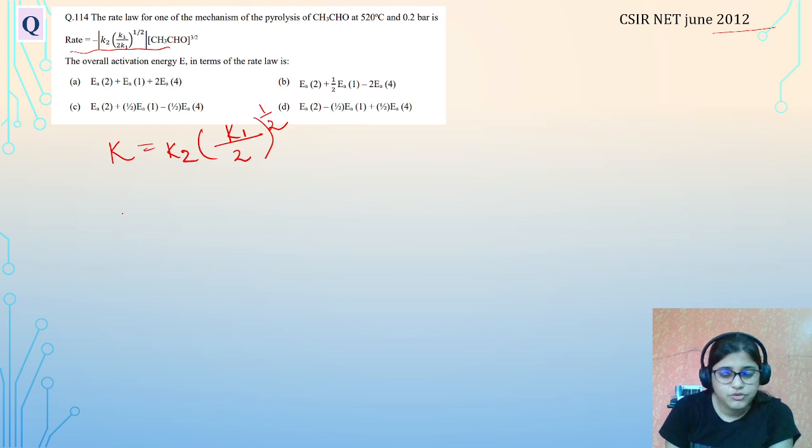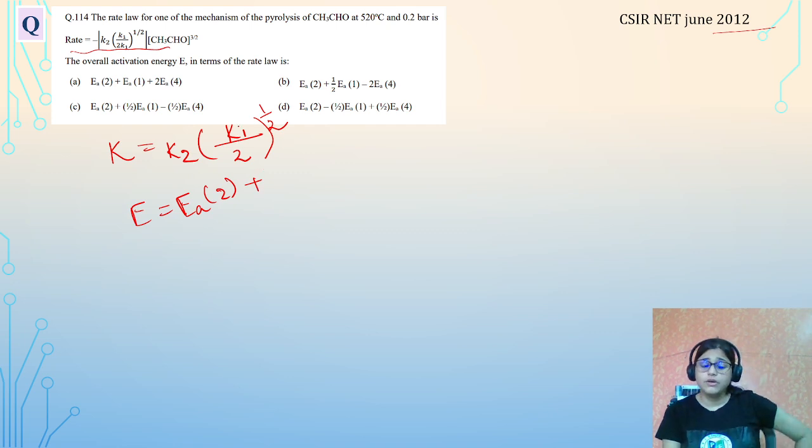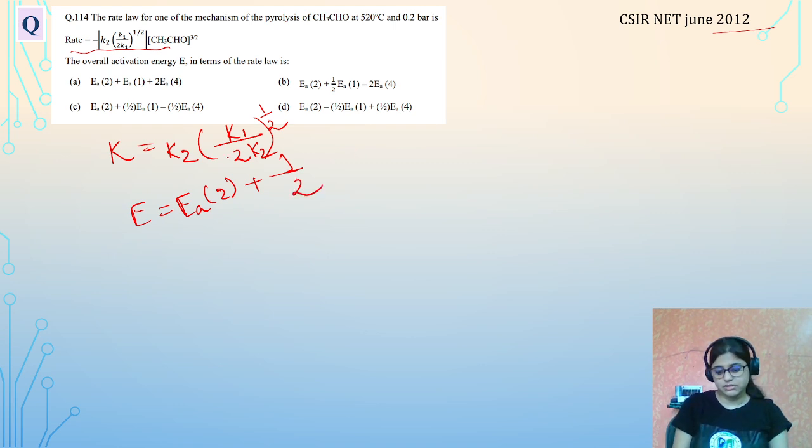Okay. So now we know that E average will be, here it is written like EA for 2, EA for 1. So K2 is multiplied, so EA for 2 will be there. Plus K1 is also multiplied, if you see. I don't know if it is K1 or K2. Okay, just forget about this. Let's just think that it is K1 and below this is K2. So it is to the power form, so it will be multiplied.